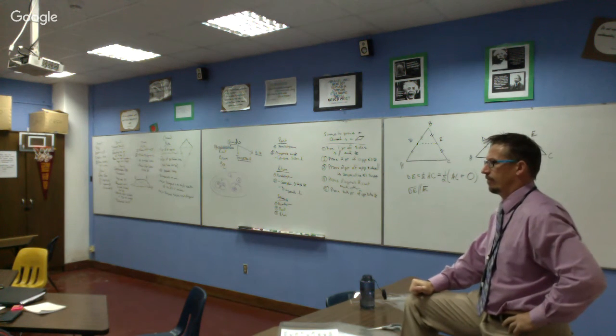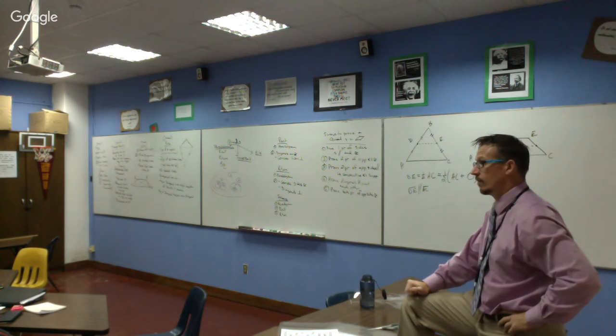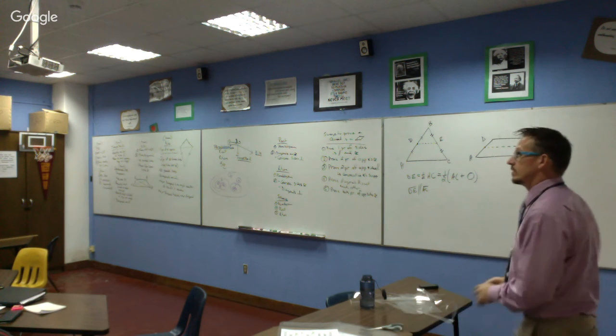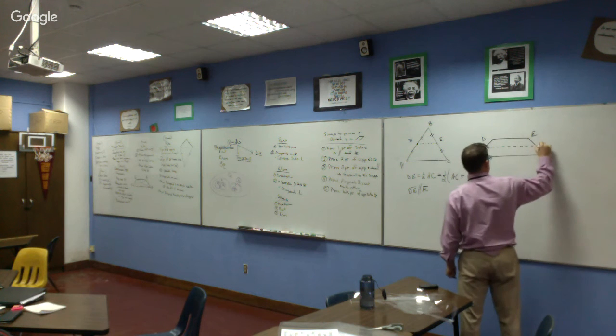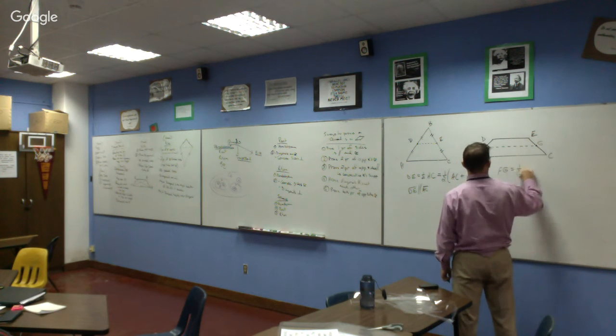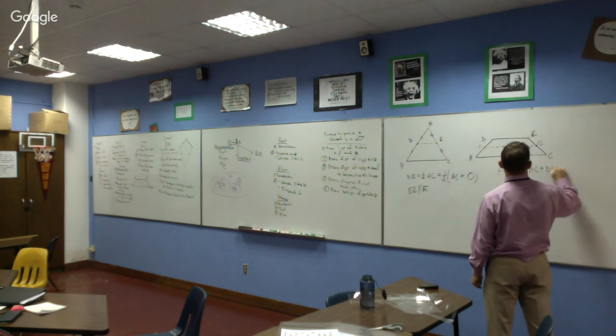Oh, it's from B, so it's half of AC plus this. Excellent. This, we'll call it FG, just to keep consistent. The distance from F to G is half, in case you missed it, said A to C plus B to E.